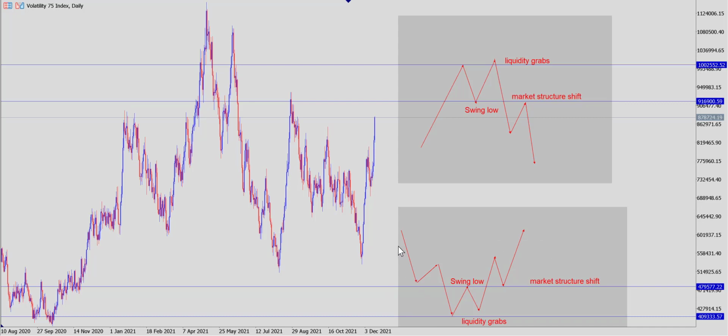In this diagram I'm showing the market as it is going down, so we are in a bearish momentum. If we're in a bearish momentum, you know how the market will be trending. It will be giving us lower highs, lower highs, lower highs as we go down with the trend.